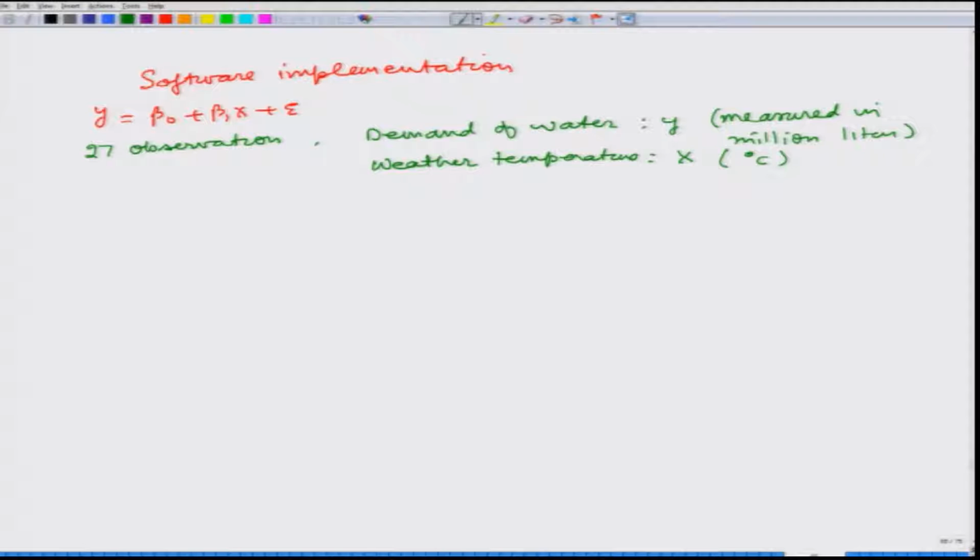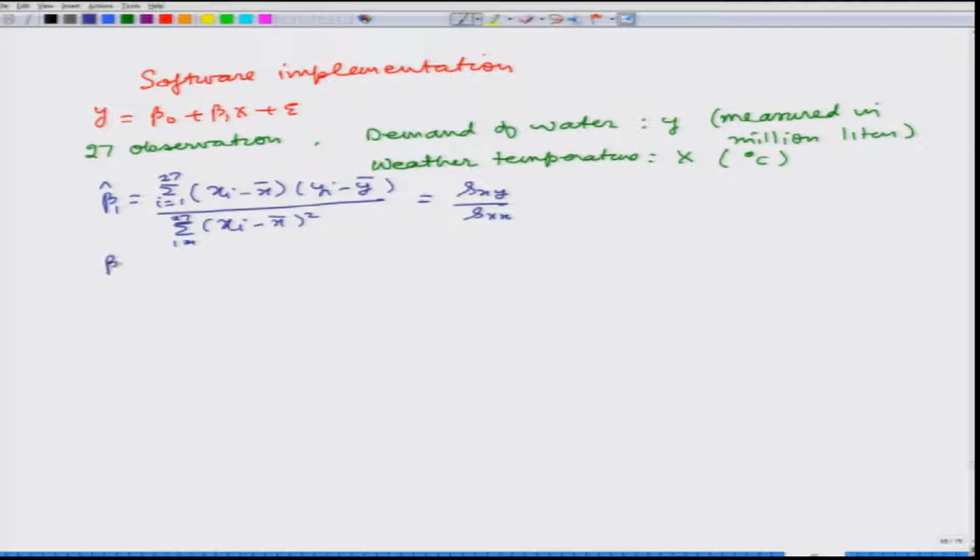Now, our objective is that we want to find the value of beta 1 hat, which is given by summation i goes from 1 to 27 (xi minus x bar)(yi minus y bar) upon summation i goes from 1 to 27 (xi minus x bar) whole square, which we had denoted as Sxy over Sxx.